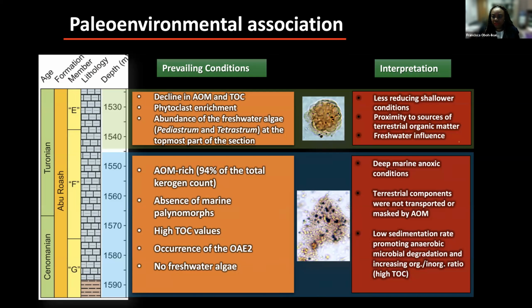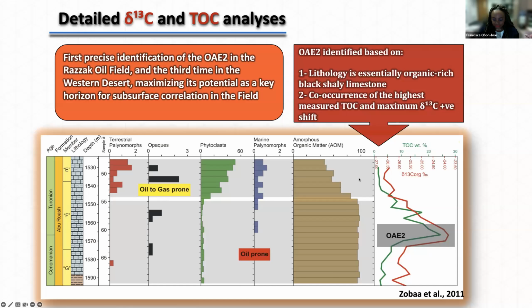So the environments were marine, but we recognize a shallowing upward. The area with the non-marine palynomorphs and terrestrial organic matter was a shallower condition. The deeper marine environment was where we saw most of the organic-rich material. So this is one other way in which palynology can assist.